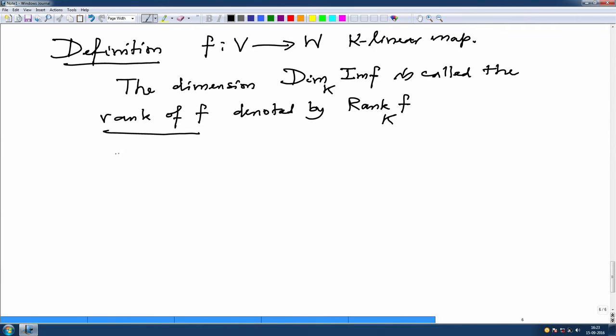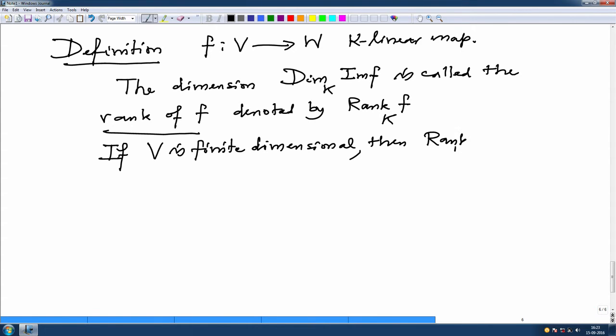So, if V is finite dimensional, then rank of F is finite. That means it is a natural number.